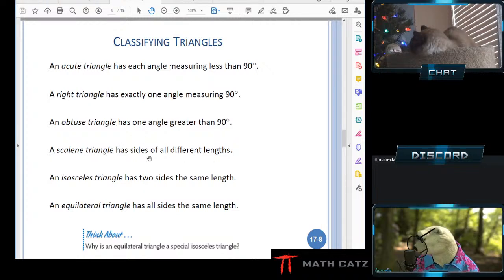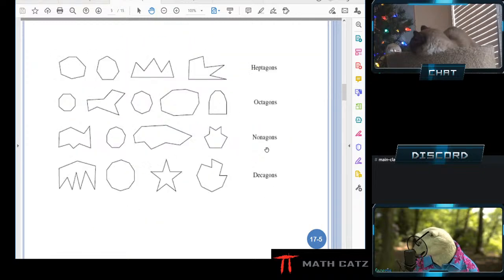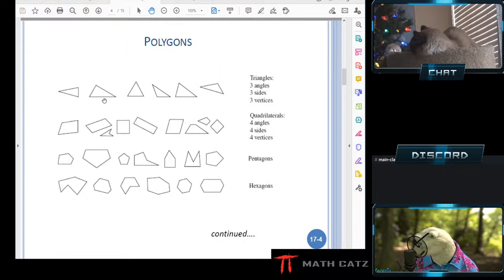If all of the sides are different, we call it a scalene triangle. Let's see if we can find one in our examples. This guy, the second one in the list, that's a scalene triangle. All sides are different. There could be a property on the angles. It could be a right angle triangle. But with scalene, I'm referring to the side lengths.